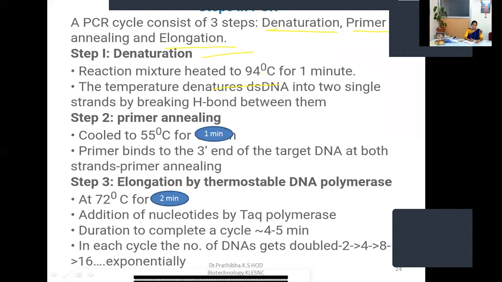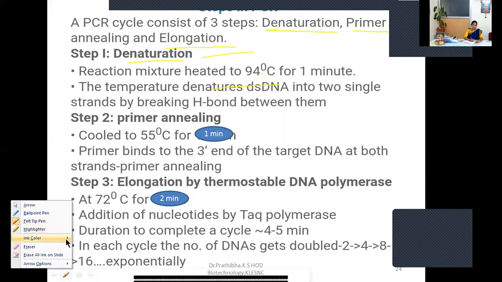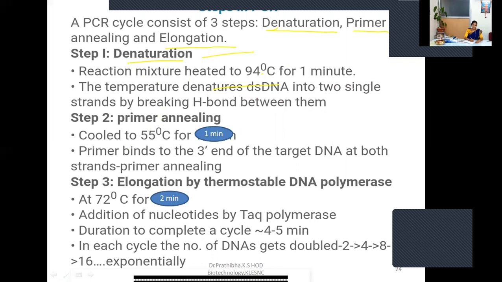Step 1, denaturation. The reaction mixture is heated to 94 degrees Celsius for 1 minute. At that temperature, the 2 strands of DNA fragments separate.